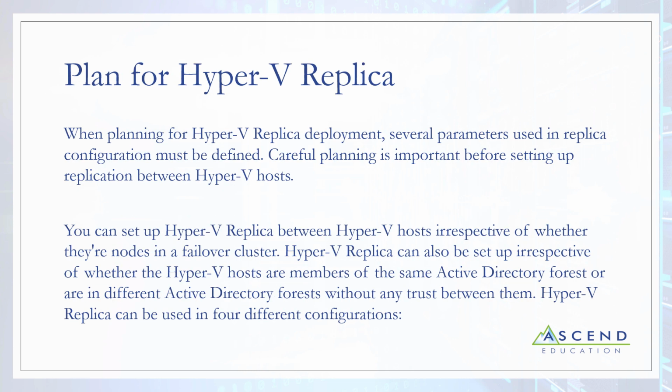And so what you'll want to do is go ahead and set up that Hyper-V host with the virtual machines on it, and you enable the replica portion to work with the other server, and then you can have a password that both servers know, so that way they can trust each other, and then you can go ahead and turn on the replication.